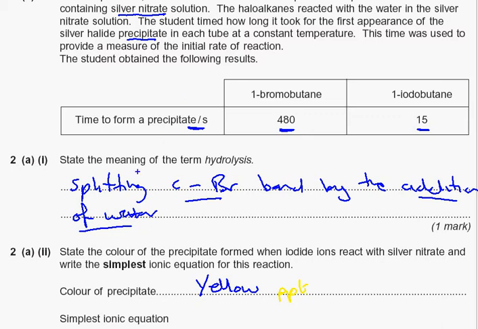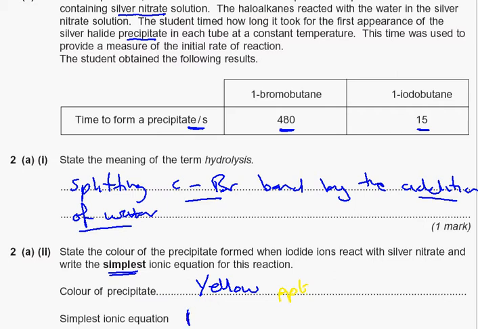ionic equation for this. One of the places where a student might make errors is thinking, I've got silver nitrate and this carbon-bromine bond, and I'm looking for iodine, so it's the carbon-iodine bond, and what's going to be in the solution? Actually, they've highlighted the key term, simplest.